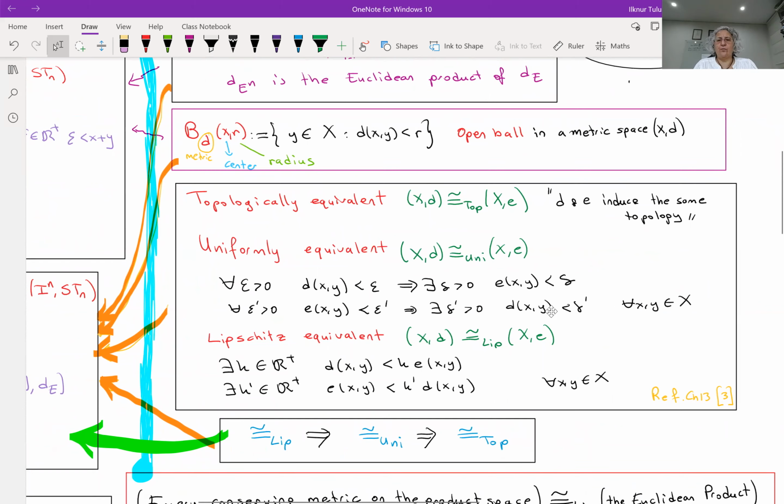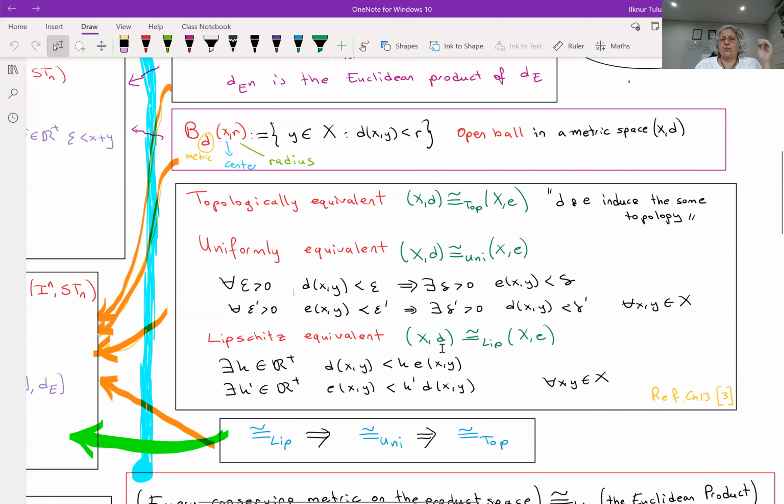Uniformly equivalent if they satisfy these two conditions. For each positive epsilon, if D is smaller than epsilon, then there exists a delta such that E(X,Y) is smaller than delta, and the other way around, and this needs to hold for each X and Y. If these two hold, then these two spaces are uniformly equivalent.